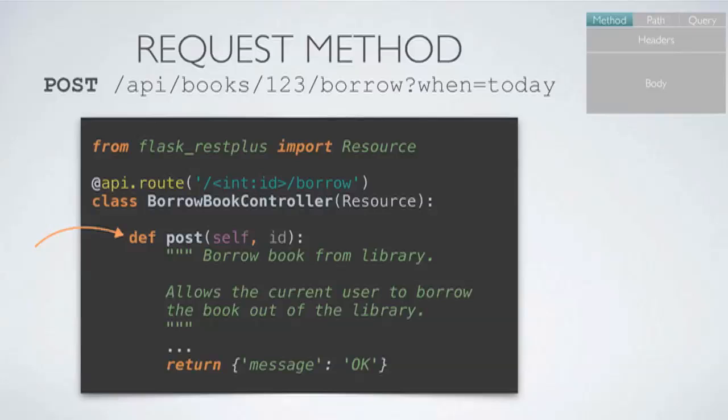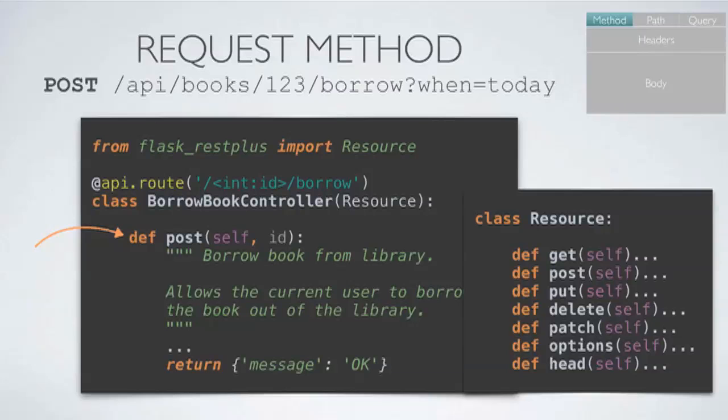So starting with the method, if you want to create an API resource, you simply create a class in your application, which is a subclass of the resource class, and you add methods to this class, which correspond with the names of the methods of HTTP. So any of these would work and be converted into endpoints.